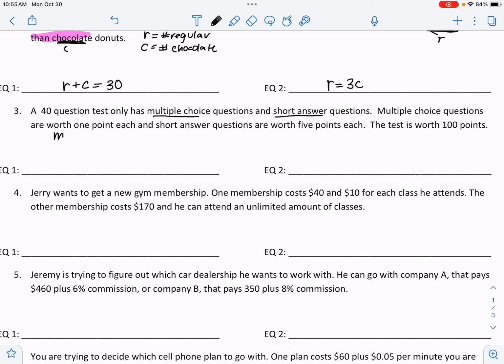If you want, you can use M for multiple choice. That would be the number of multiple choice. And S would be the number of short answer. I'm going to specify that it's not just multiple choice, it's the number of questions.